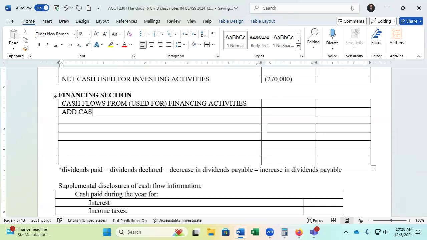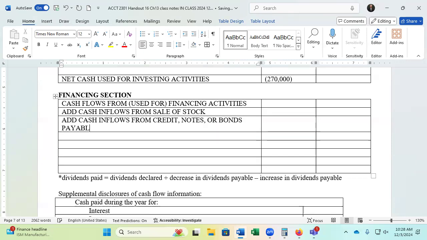You would add cash inflows from sale of stock. You would add cash inflows from credit, notes, or bonds payable. You would deduct cash outflows for purchase of stock.